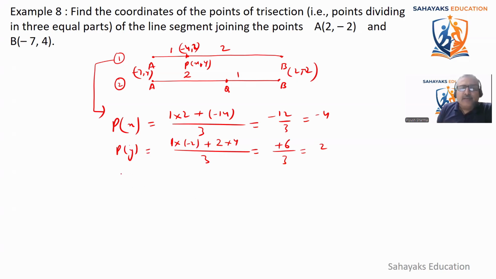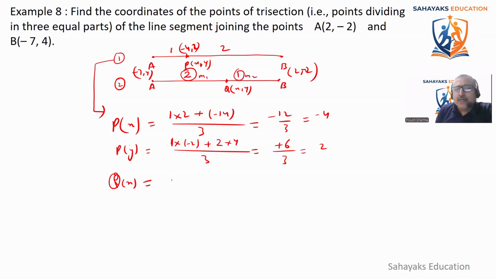In the similar manner, we have to find the coordinates of Q. So the X of Q. Okay, it is getting divided into the ratio 2 is to 1. So I'll say M1 X2. Here this value comes as M1 and this value comes as M2.